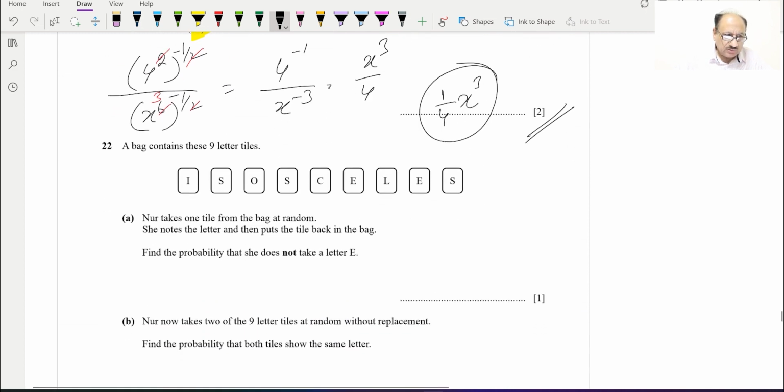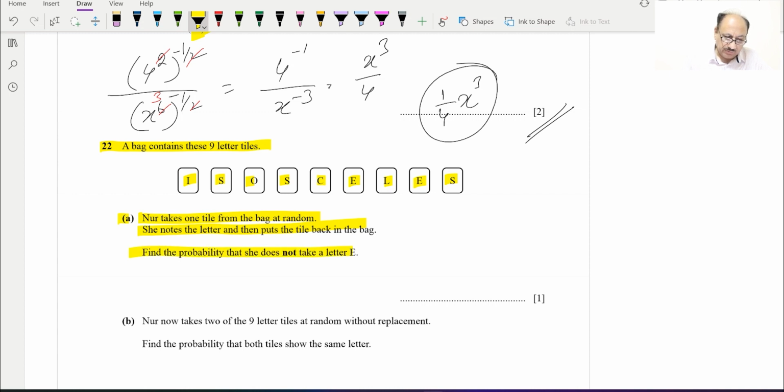And next is question number 22, probability question. A bag contains these 9 letters, ISOSCELES, and a partner takes 1 tile from the bag at random. She notes the letter and then puts the tile back in the bag.